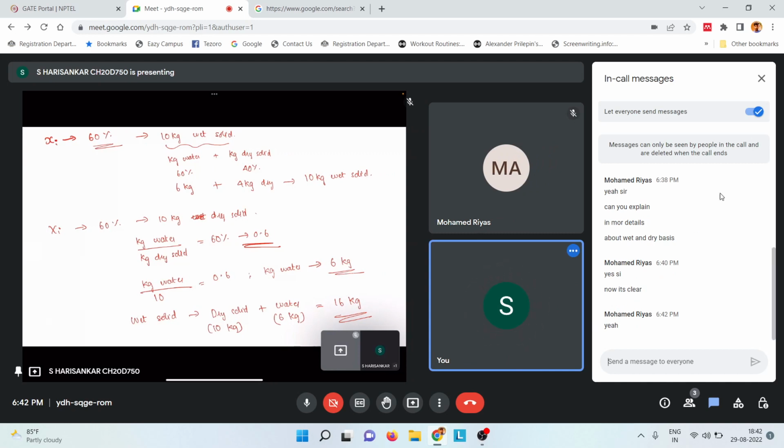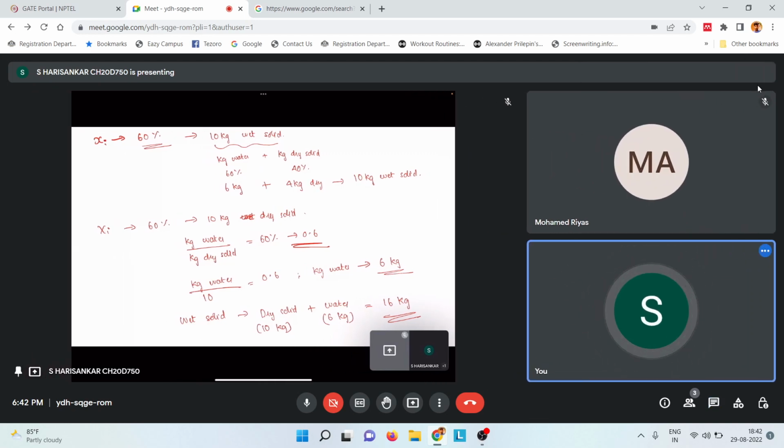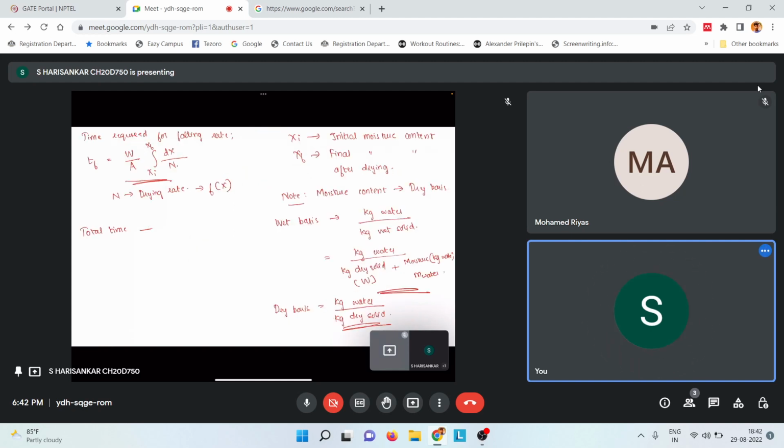Fine. Let's move on. So here we looked at the time for the constant drying rate and falling drying rate. So the total time here will be Tc plus Tf, which is the sum of the time for the falling rate plus the time for the constant rate. So this T will be Tc plus Tf, and that will be W by A into Xi minus Xf.